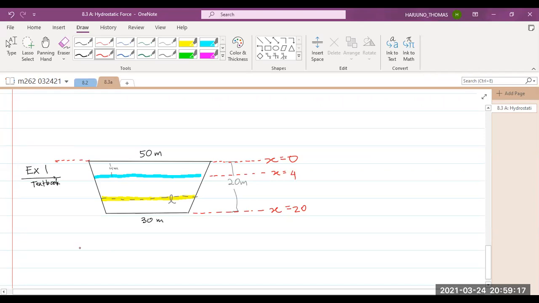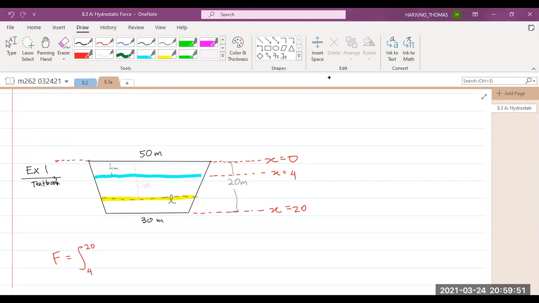Now, later on, my integral for that force will be from 4 to 20. Okay? So think about this. If this is the depth, how deep we are, if this is our x, then my x will start from 4, not from 0. Basically, we don't need to integrate starting from 0, even though that's the preference.